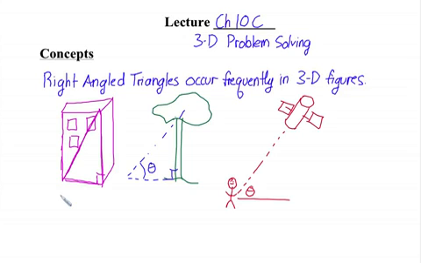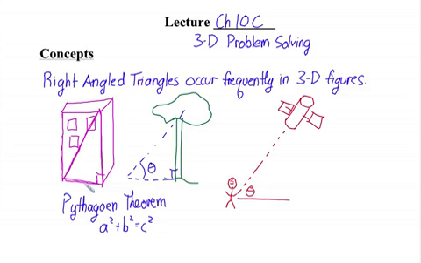One of the key tools that we have to remember to use when we're solving problems in three-dimensional space is the Pythagorean theorem, which again states that a squared plus b squared equals c squared, c often being the hypotenuse.